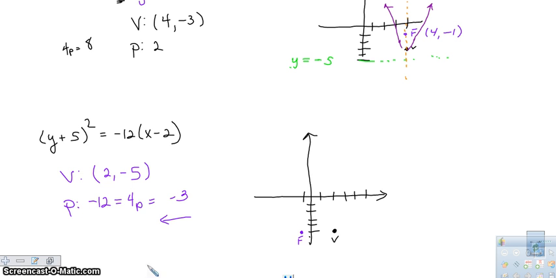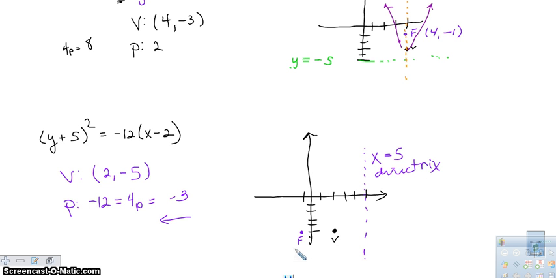And my directrix is going to be 3 in the opposite direction of the focus. So 1, 2, 3. And now this time, since my focus and my vertex are a horizontal line, my directrix is right here. Okay, and that line would be x equals 5. So that's my directrix. And make sure when you're graphing these you label.